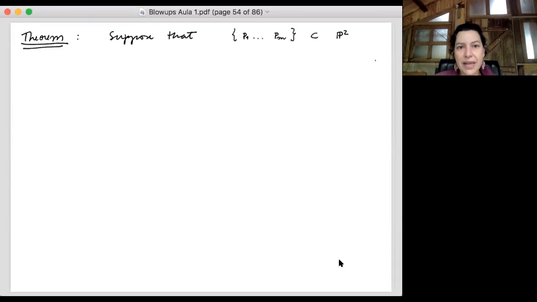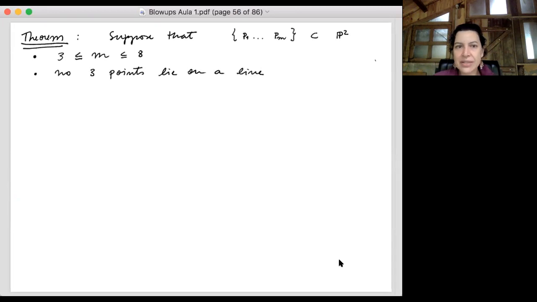So now I will take a set of points P1 up to Pm in P2, and I will assume the following. First of all, let's assume that we have already considered the case when we blow up 3 points. So let's assume that we always have at least 3 points and at most 8 points, and that they're in general position.